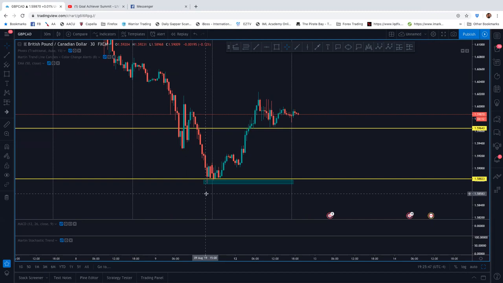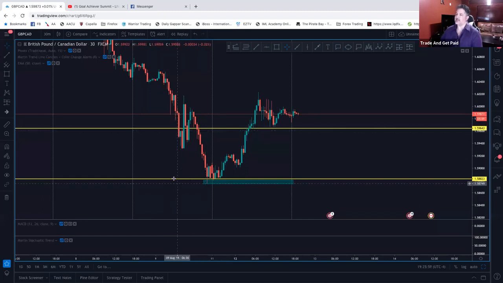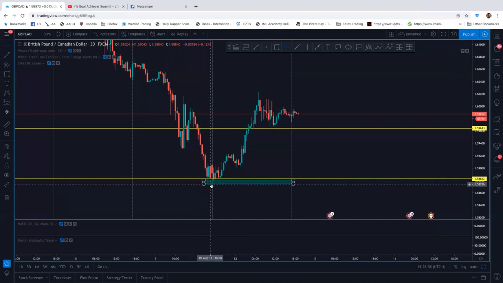You said draw it from the body to the wick. No, once you have the support and resistance lines set up, the areas, then you draw your zone from the body to the wick, like what I just did here. So it's outside of the support and resistance is the zone.